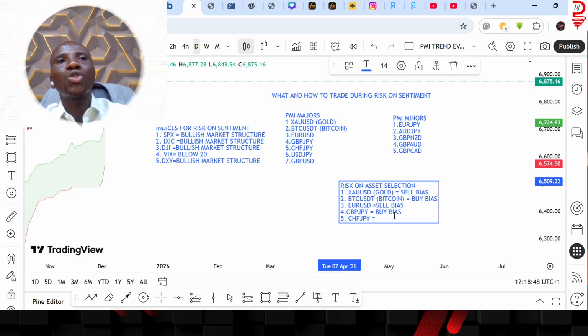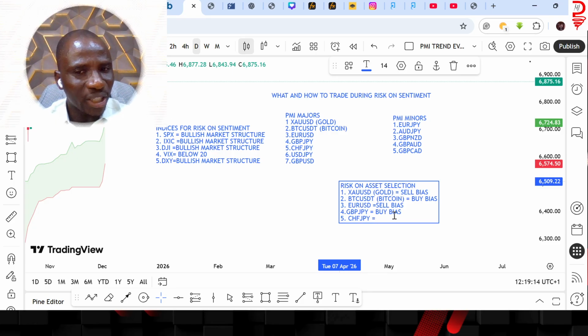So CHF is the safest safe haven globally now because of the 0% interest rate. So it means that even when capital is flowing out of the safe haven, the flow of capital out of JPY will be faster than that of CHF.